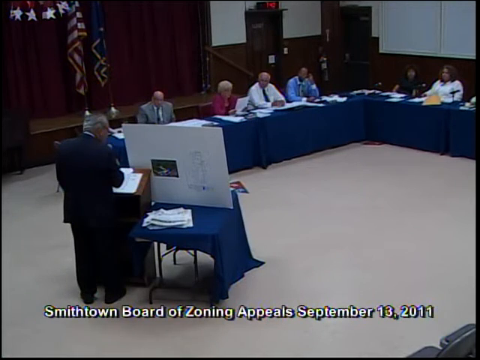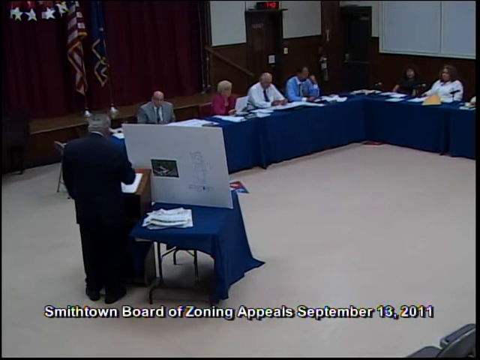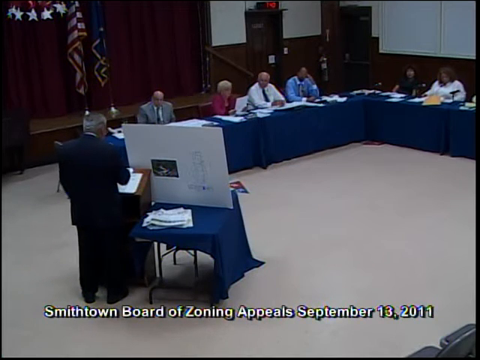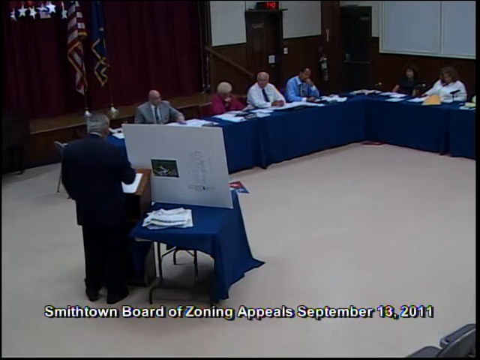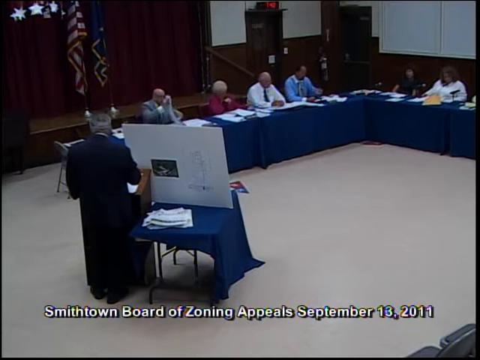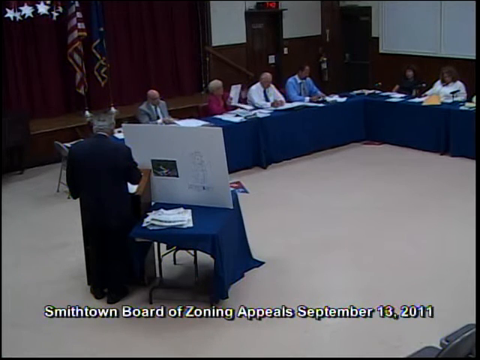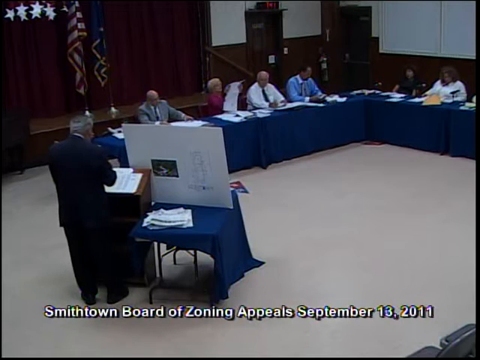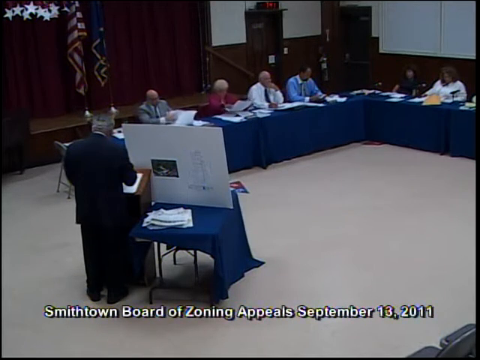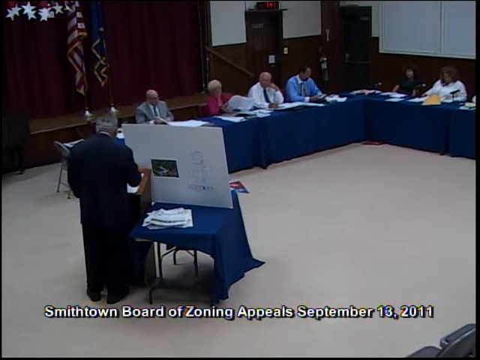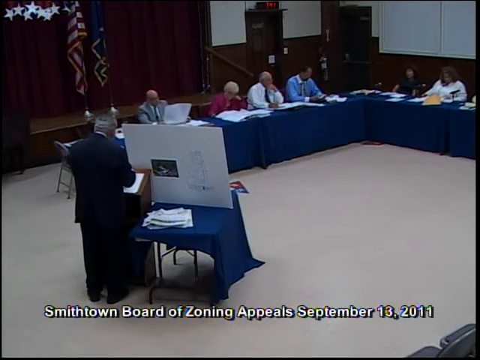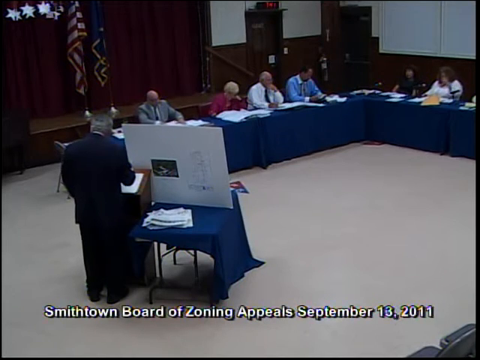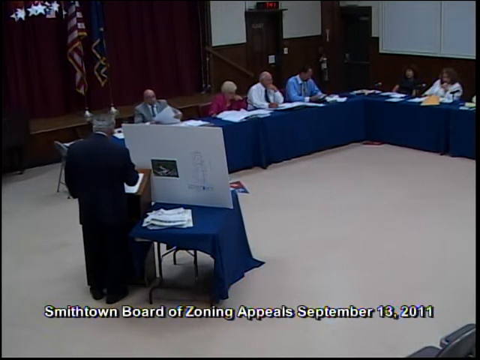The signs on the buildings are basically leaded signs, they're not big box signs, so we don't think that that would have an adverse effect on the character of the area. And we ask the board, again, for their favorable consideration. I'm sure that this board or members of the board did inspect the premises prior to this hearing tonight. So again, we ask the board for its favorable consideration.